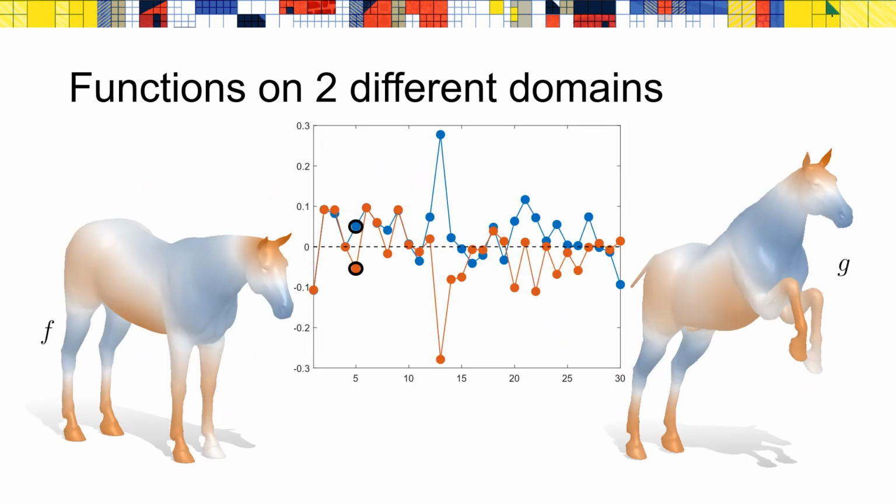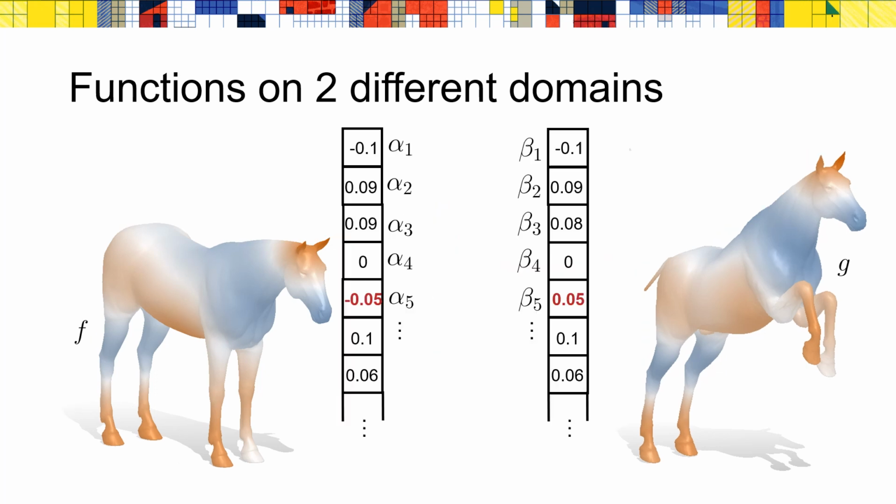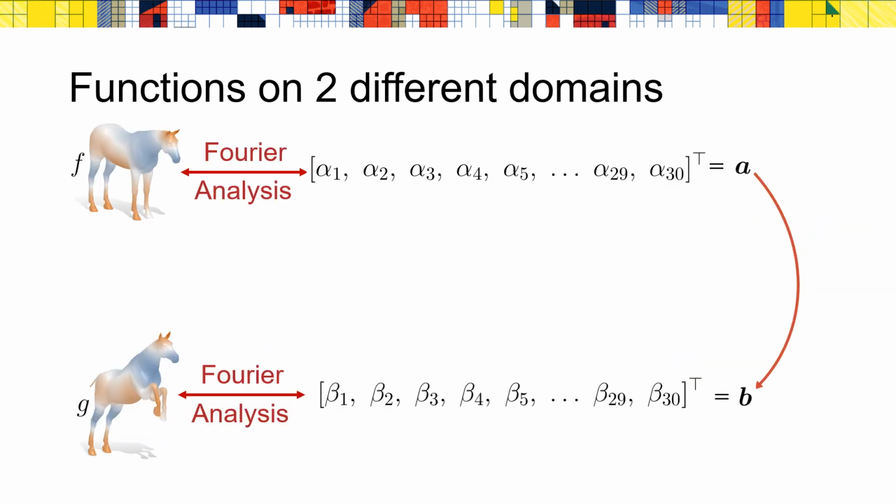And if we look at this visualization of the coefficients, you can see that from 1 to 30 the set of coefficients is quite different for the two shapes. If we store these coefficients in a vector, as we did for the probe functions, then we can see that the relation between these two sets of coefficients is given by the functional map C.